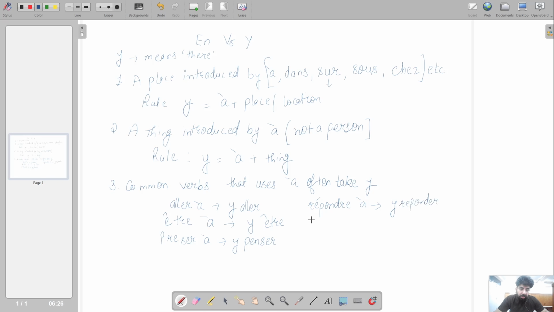Then if it is your s'intéresser à, then you write s'y intéresser.